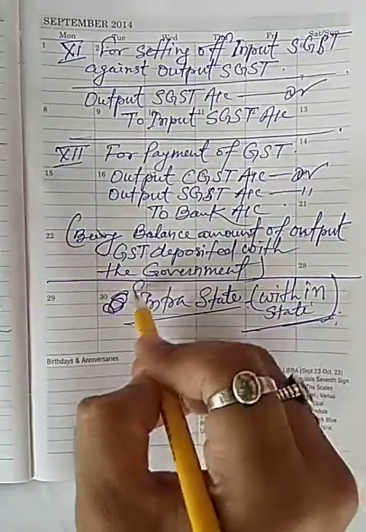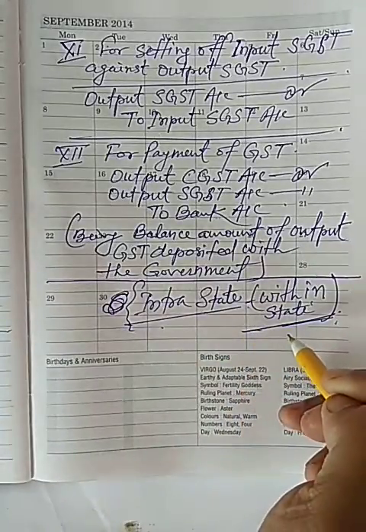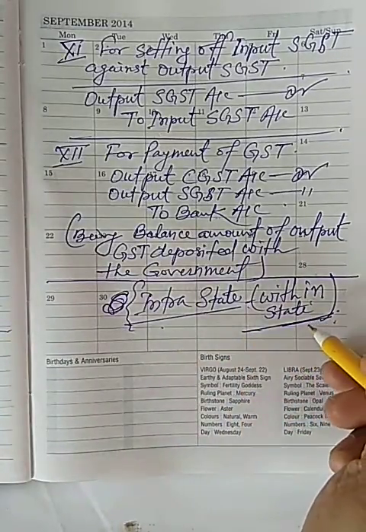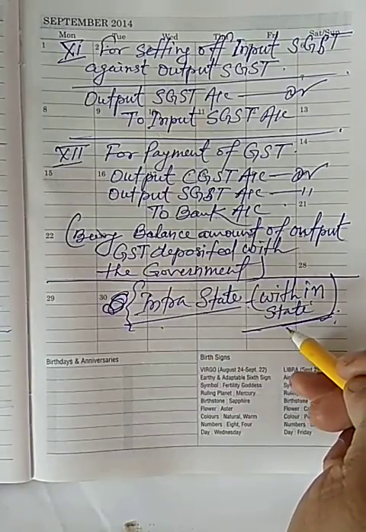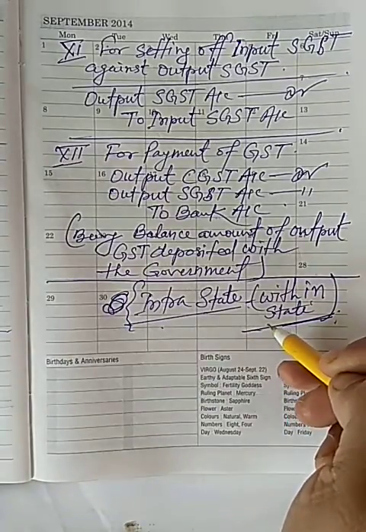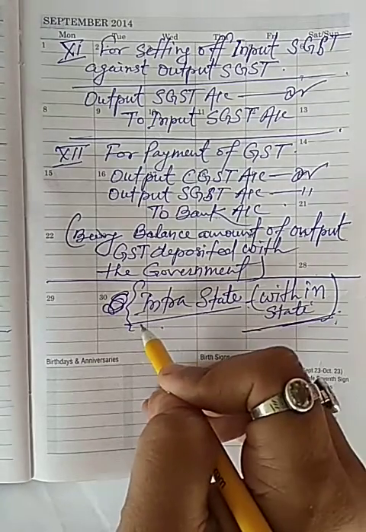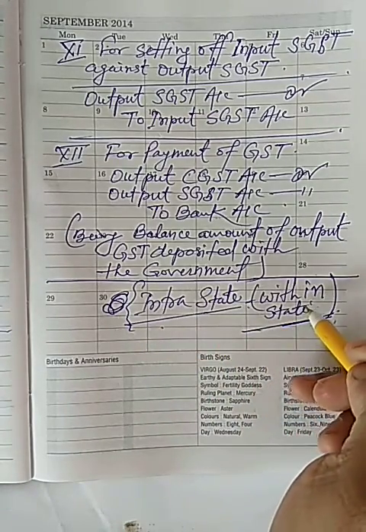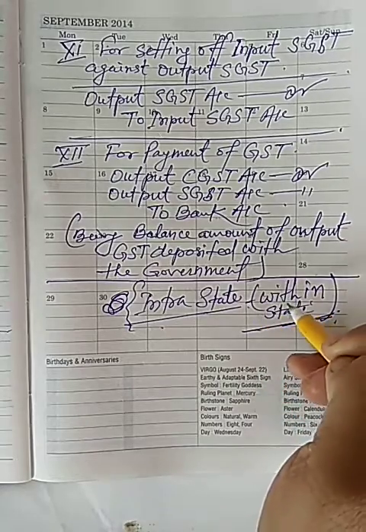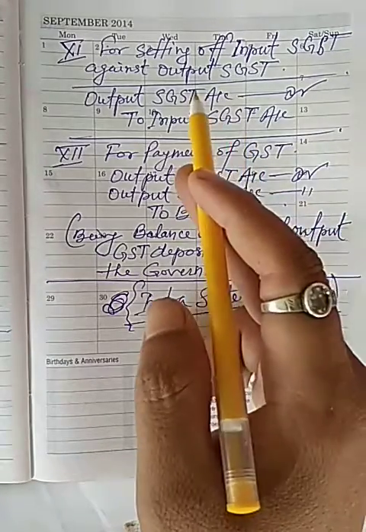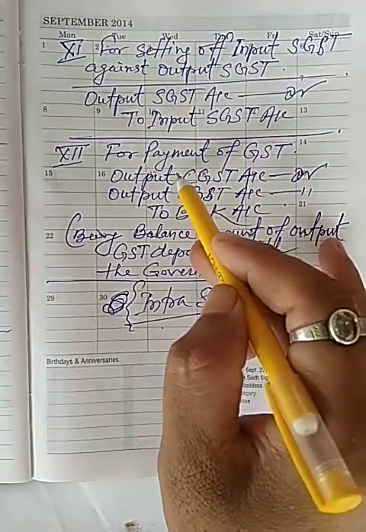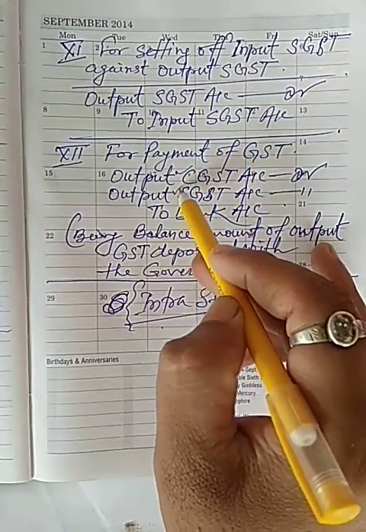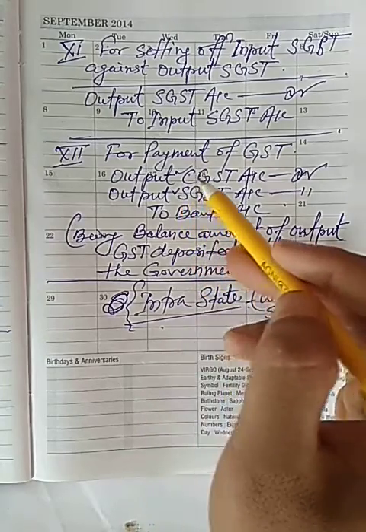For all the transactions done intra-state, it means within a state, journal entries will be based on CGST and SGST, not on IGST.